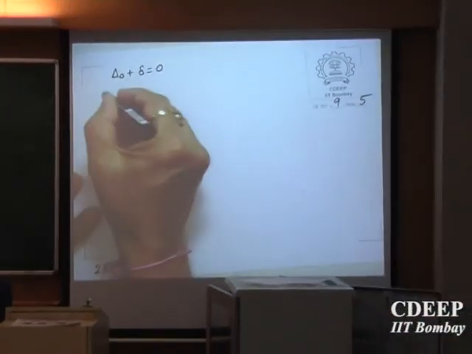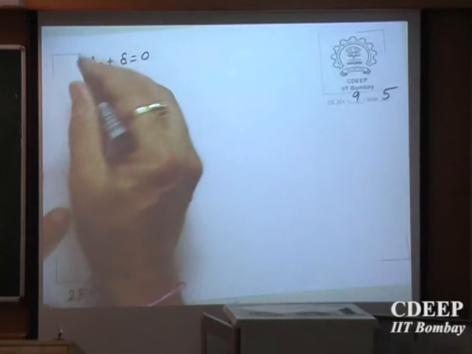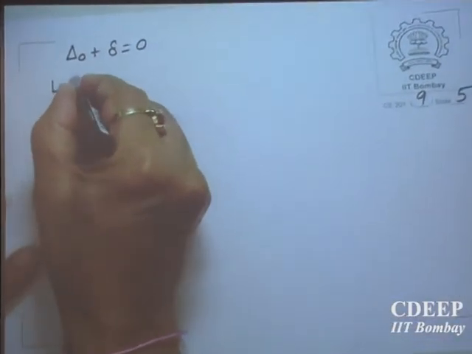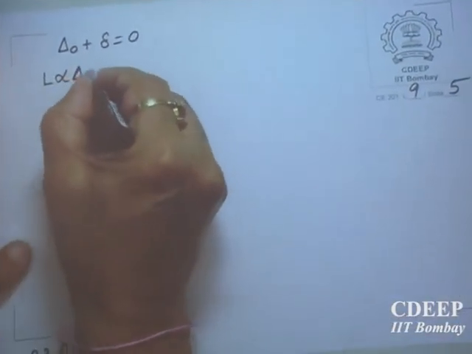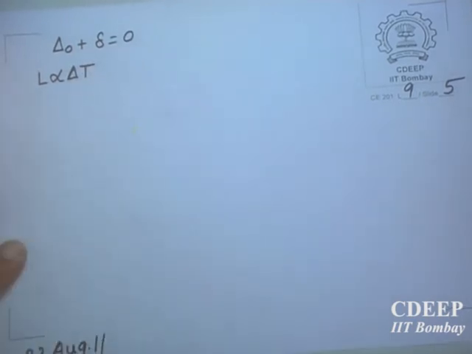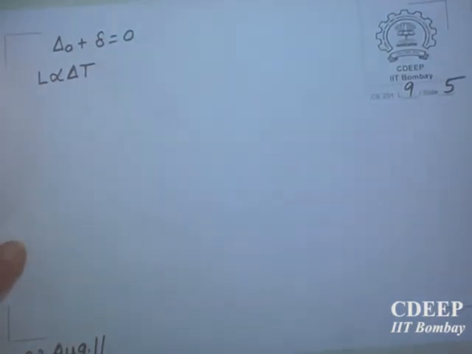What is delta naught equal to? Delta naught is equal to L alpha into delta T. Okay? Delta naught is equal to L alpha into delta T.